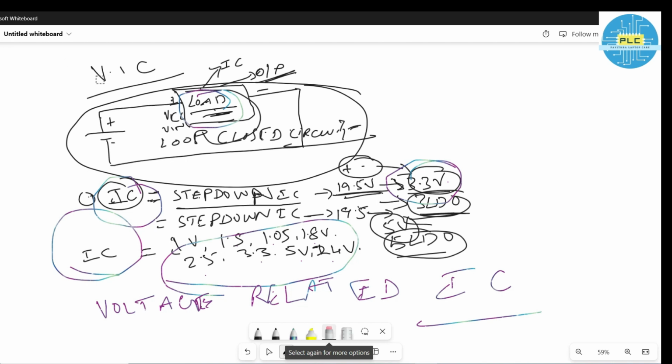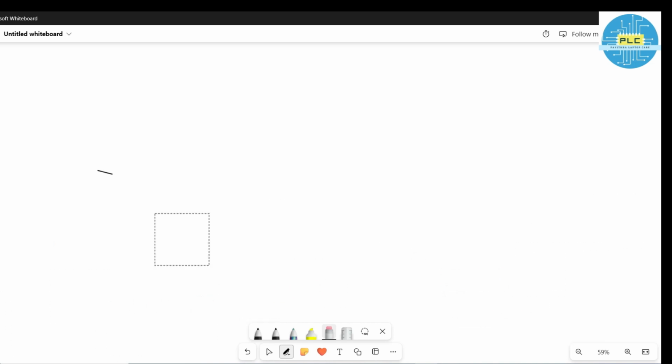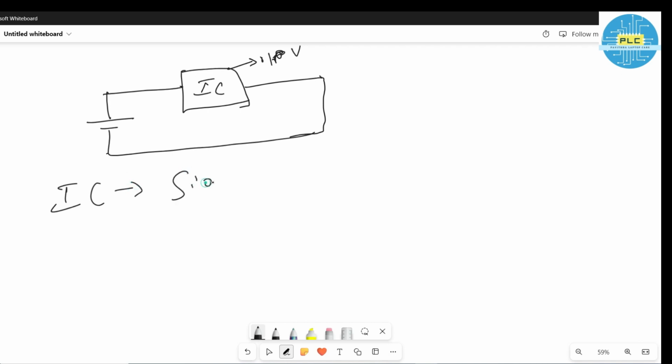Okay, now a new chapter, one new thing I'll teach you. This one you noted down, you understood, I think so. Once again I'll explain this, not now. Now you understood that if we consider this load as an IC in laptop circuits, this particular load will give output. What output? Voltage output. But in some ICs, the output will be signals.